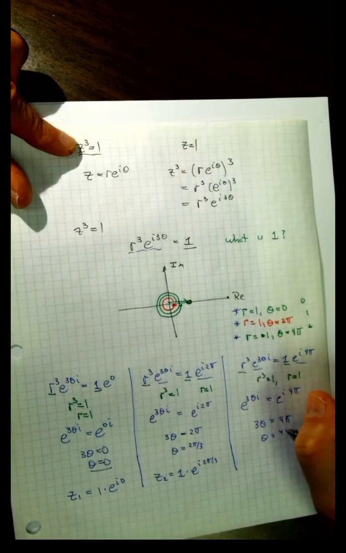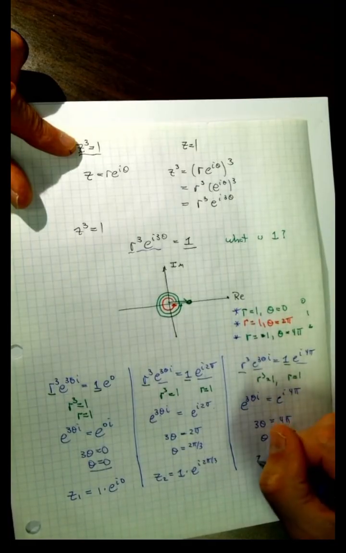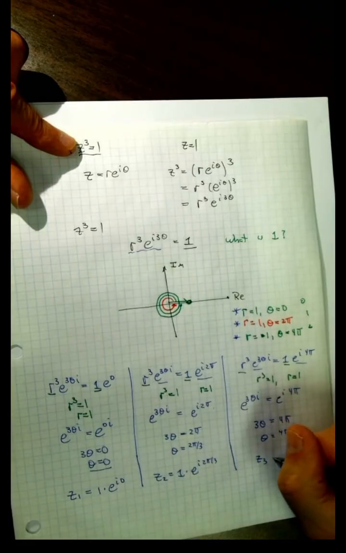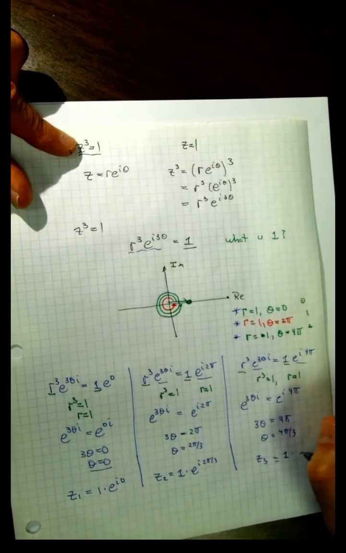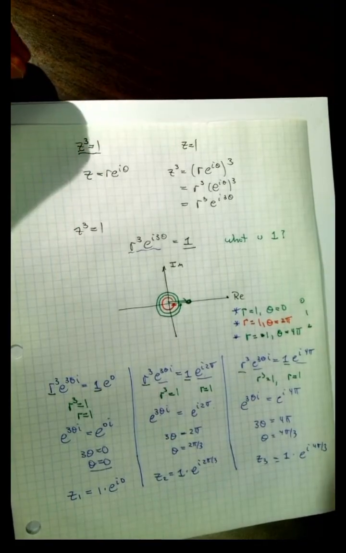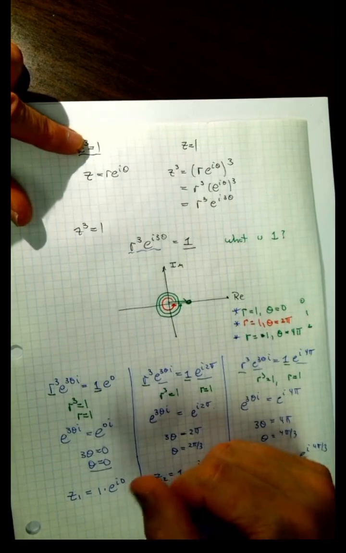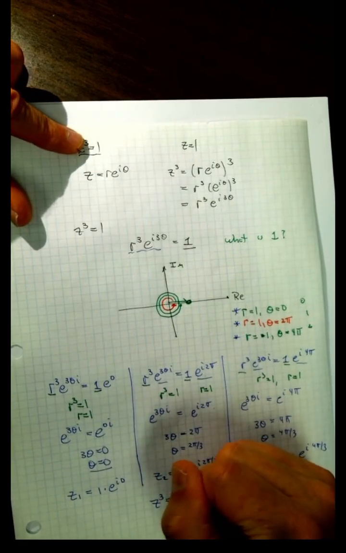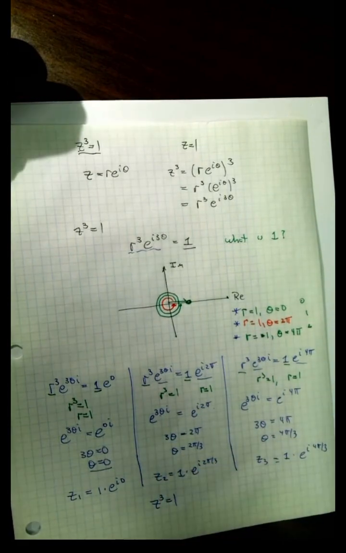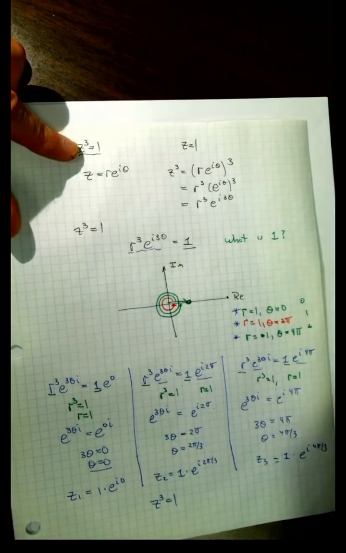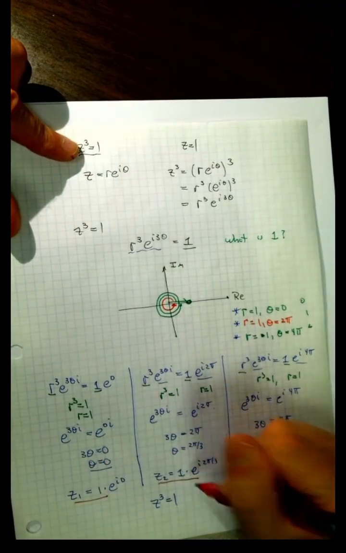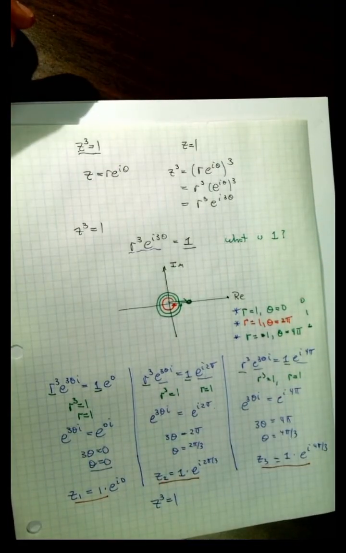Theta equals 4 pi over 3. So z3 equals 1 times e to the i 4 pi over 3. Okay, so if I try to find the roots of z cubed equals 1, there's 3 roots. 1, this thing, and that thing.